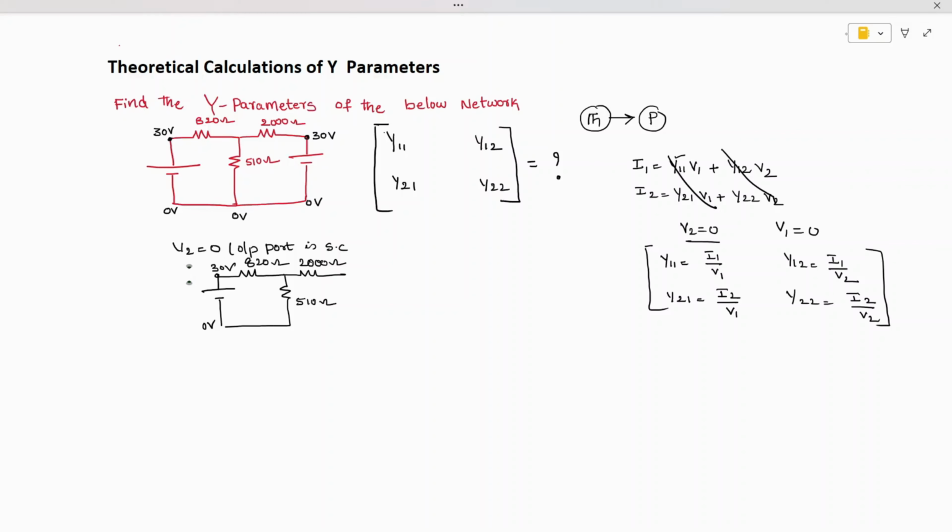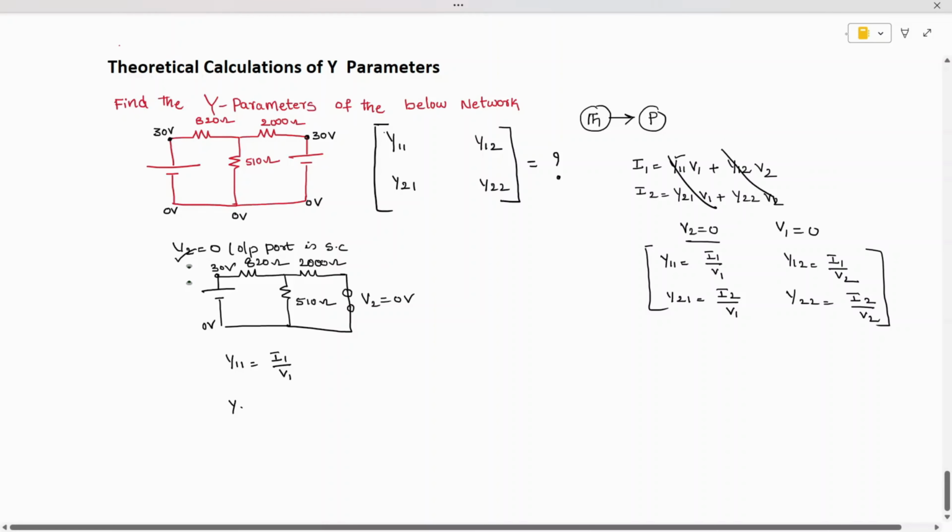As I told, v2 is 0, meaning the output is short circuited, so v2 is equal to 0 volts. Now we need to find y11 equal to I1 divided by v1, and the next parameter y21 equal to I2 divided by v1.